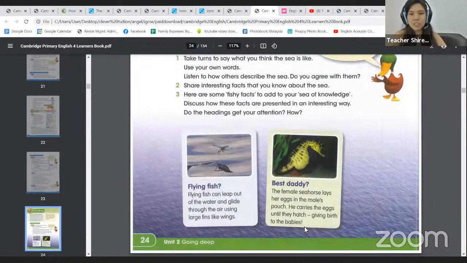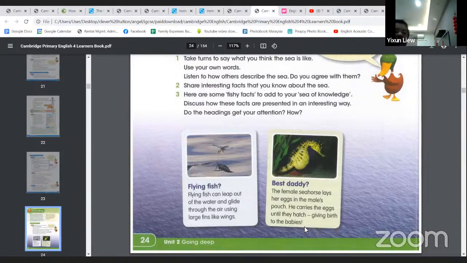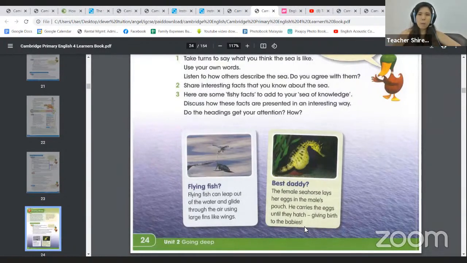The female seahorse lays eggs and puts them inside the male's pouch. So the male seahorse, the daddy, is the one that gives birth. Next week I'm going to show you a video on how seahorses give birth. A lot of seahorses come out.